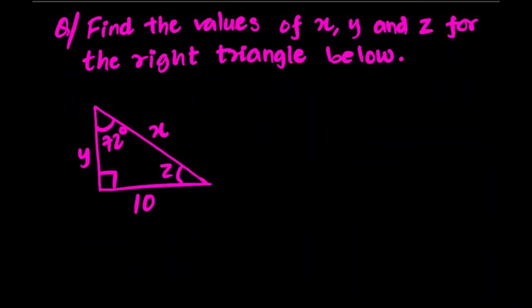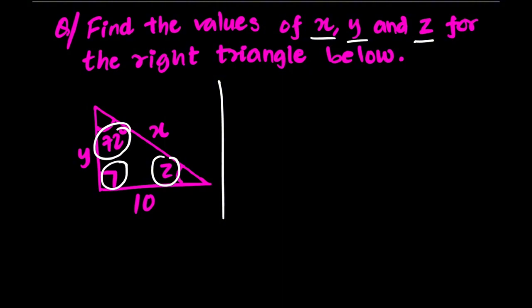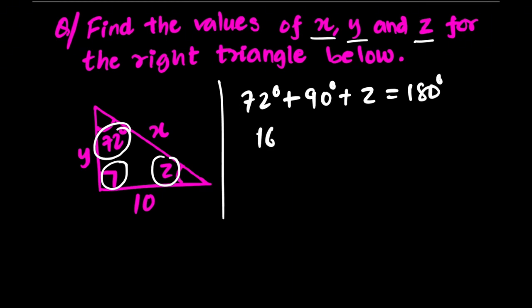It says find the values of x, y and z for the right triangle below. So let's find this value of z. Since the sum of internal angles of any triangle is 180 degree, so 72 degree plus 90 degree plus z degree should be equal to 180 degree. 72 plus 90 degrees is 162 degree plus z equals 180 degree.